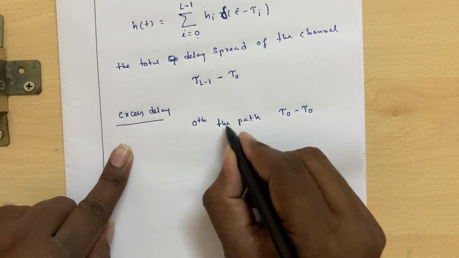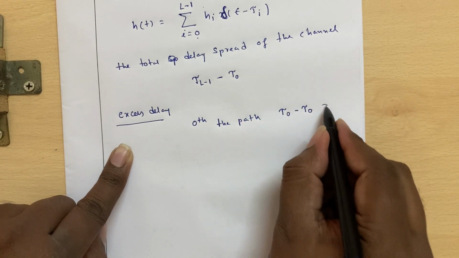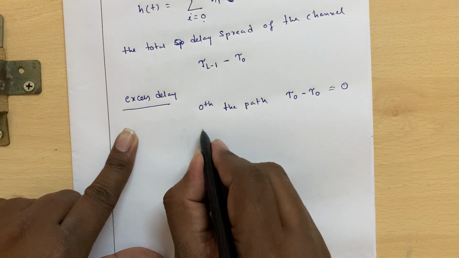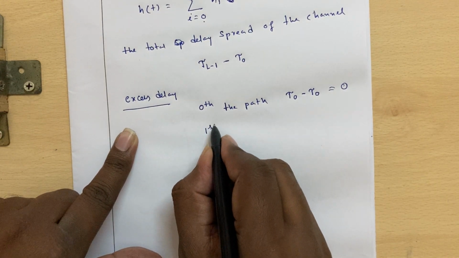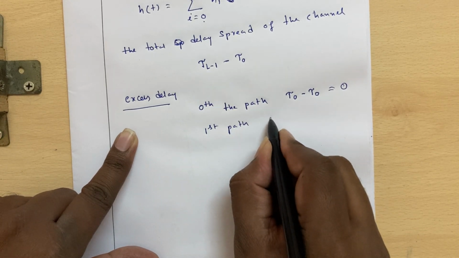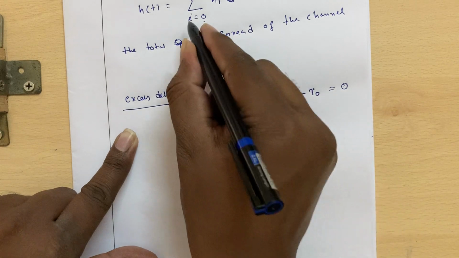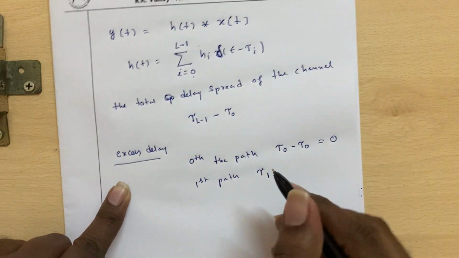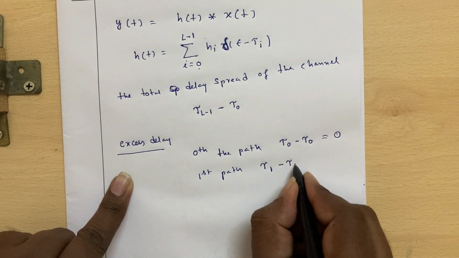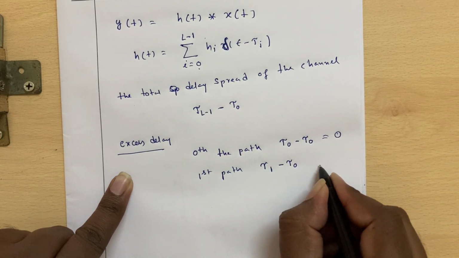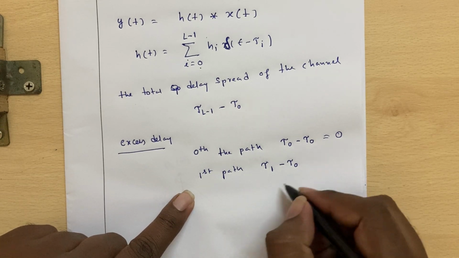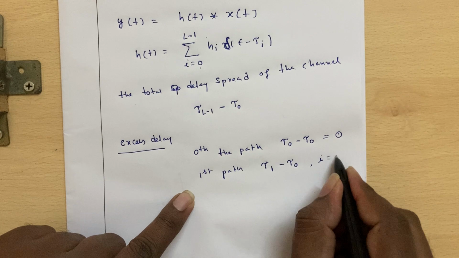Here the first path is the zeroth path, so its excess delay will be 0. The excess delay of the path for which i equals 1 is tau 1 minus tau naught.